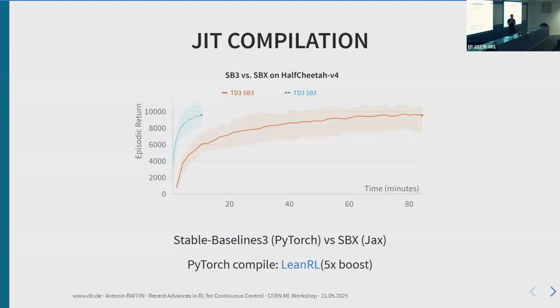But luckily, PyTorch is working on torch.compile. And if you want to learn more about how to get a better boost with specific implementations, you can look at the LeanRL library. Those two really make things faster, enable you to iterate quicker, and allow you to have more sample efficient algorithms.